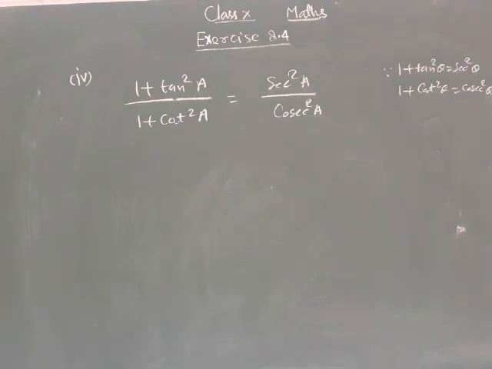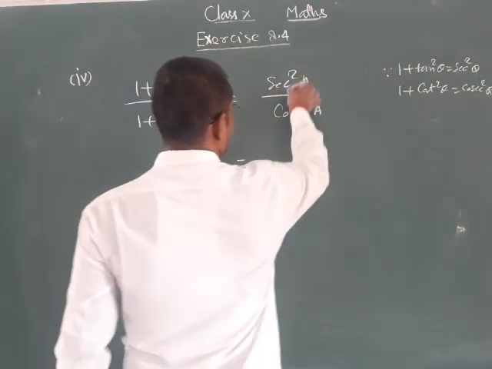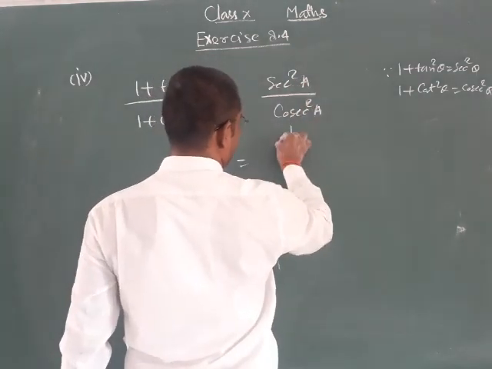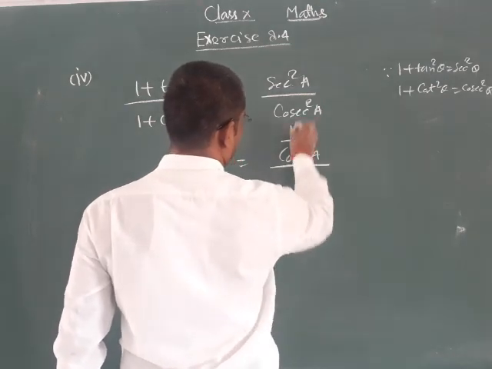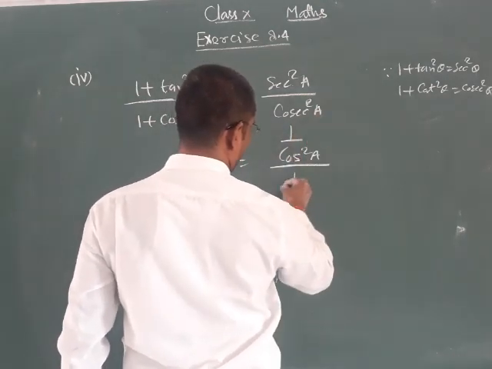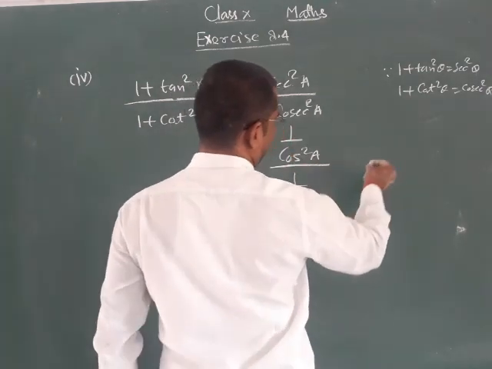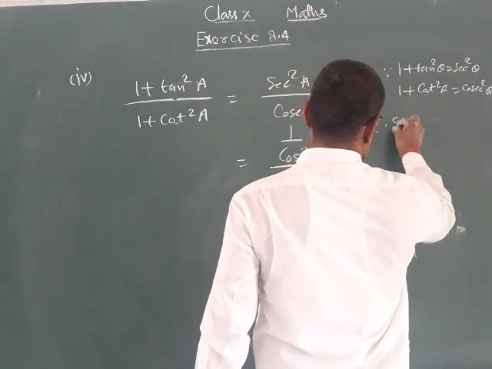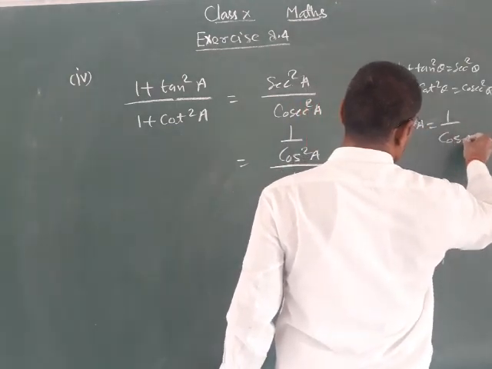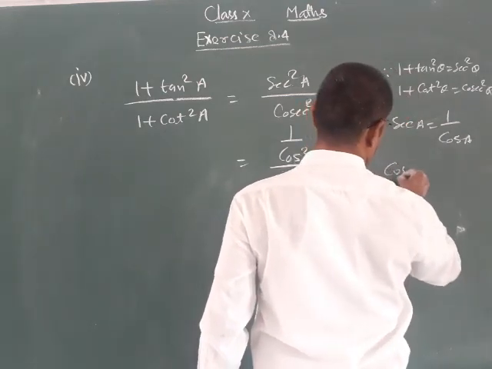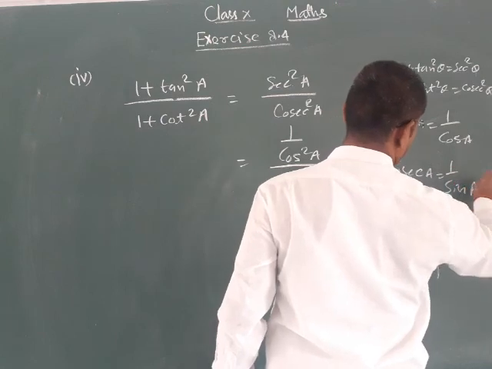So now sec square a is 1 upon cos square a and cosec square a is 1 upon sin square a, since sec a is equal to 1 upon cos a and also cosec a is equal to 1 upon sin a.